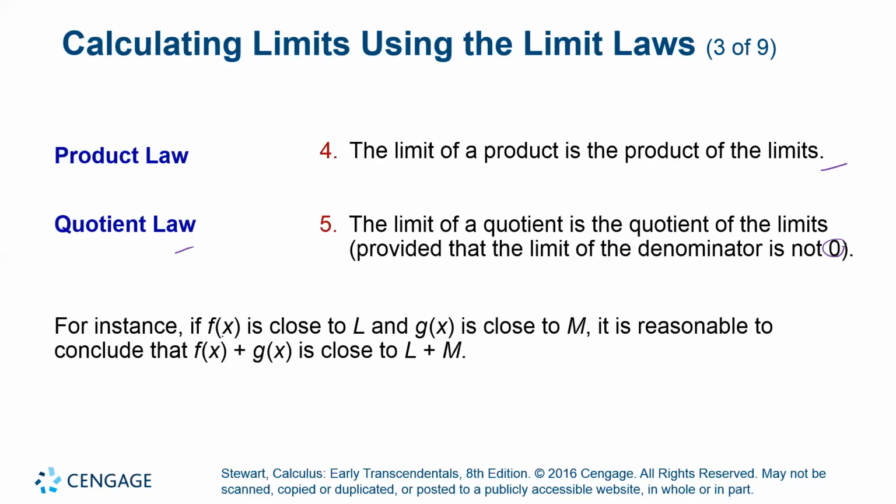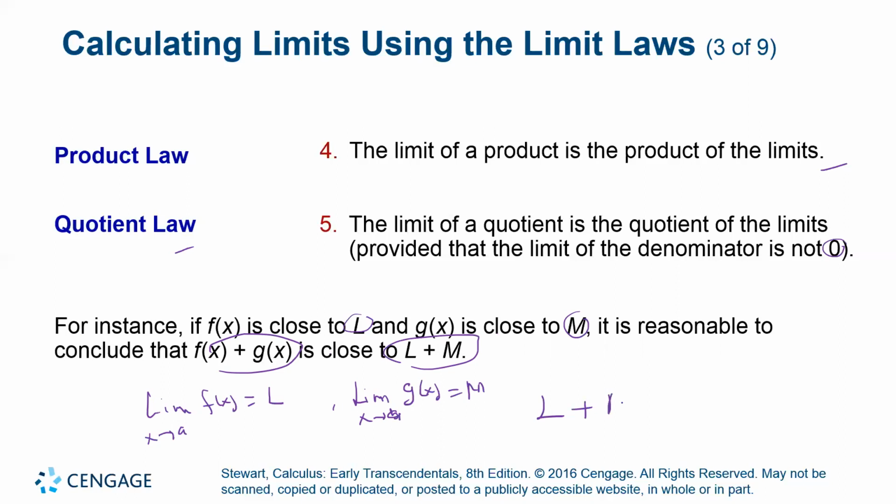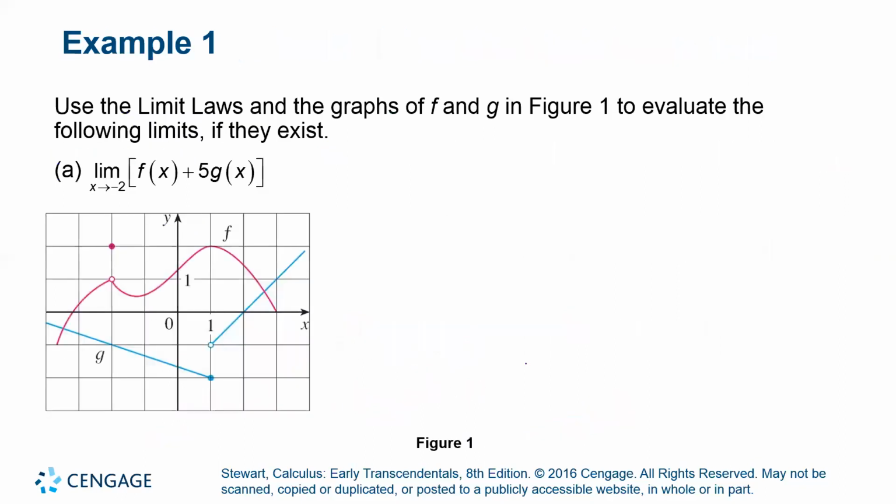So for instance, if the limit as x approaches a of f of x is equal to L, and the limit as x approaches a of g of x is equal to m, then to find a sum you just add the limits, so that will be L plus m. So let's look at an example.